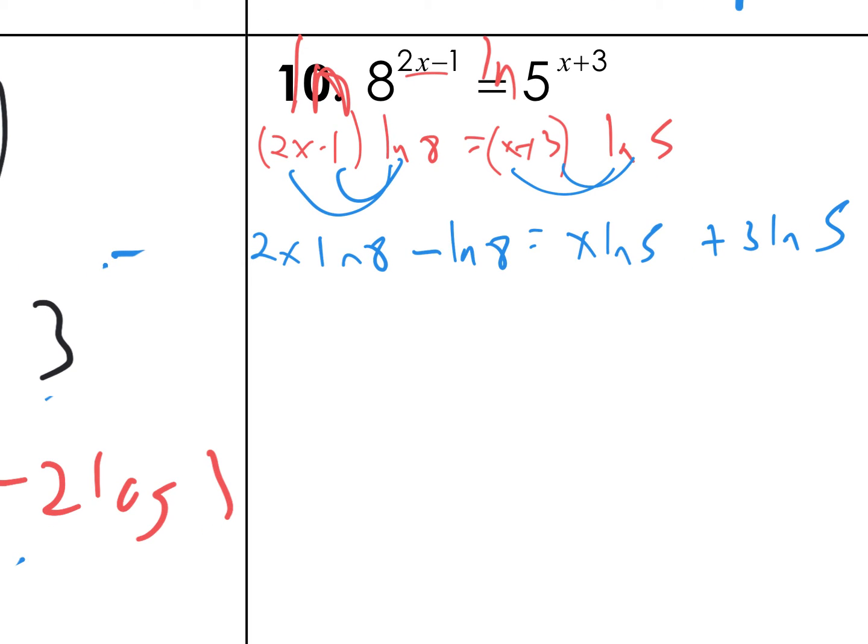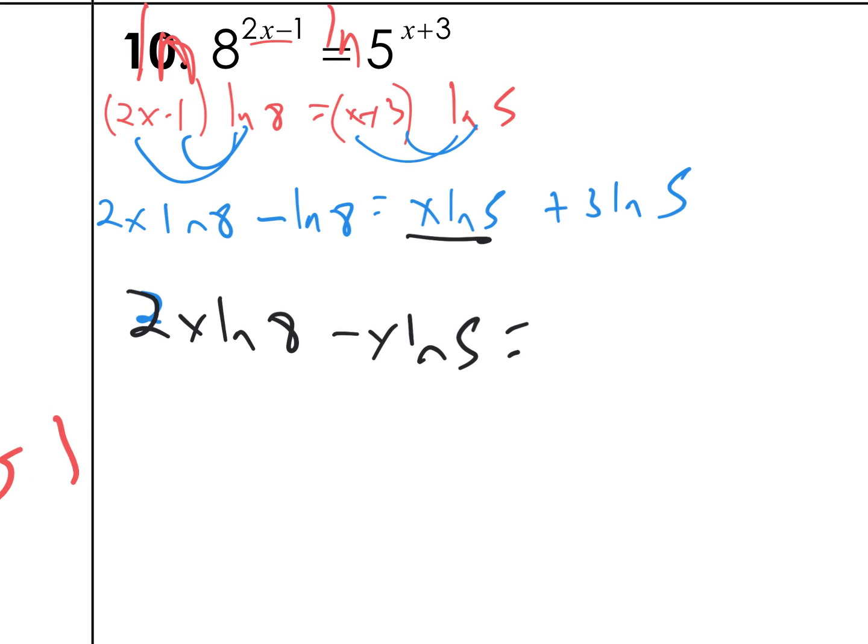And I'm going to do my abracadabra, hocus pocus. I know for a fact that I'm going to have both x terms on one side and everything else is going to the other side. So I'm going to write 2x natural log of 8. I'm going to bring this term over, minus x natural log of 5 equals.